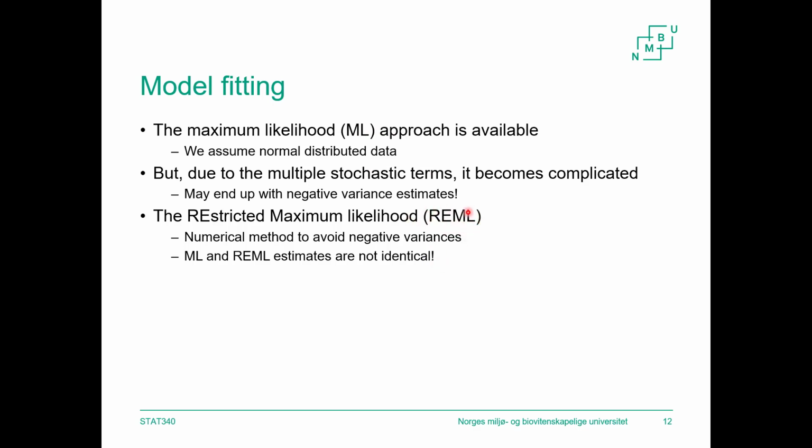We are satisfied with the REML estimates, but there are some cases where we want to have the maximum likelihood estimate anyway, regardless of this potential problem here, right? Because this negative variance is not something that happens all the time. It only sometimes happens, right? So the default is to use this REML, but we may specify that we want to use maximum likelihood, sort of forcing the R function to do it this way instead.